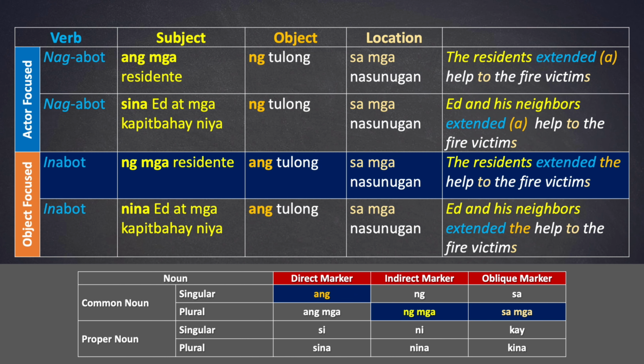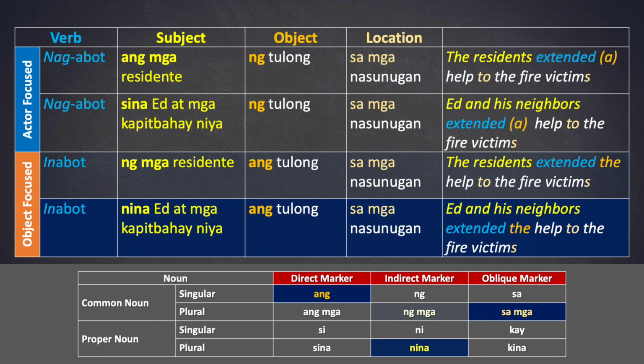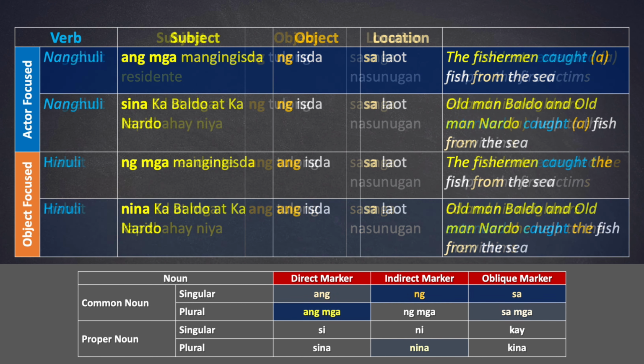Inabot ng mga residente ang tulong sa mga nasunugan. The residents extended the help to the fire victims. Inabot nina Ed at mga kapitbahay niya ang tulong sa mga nasunugan. Ed and his neighbors extended the help to the fire victims.